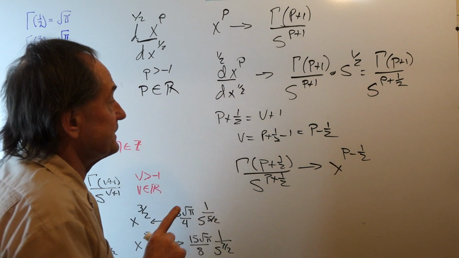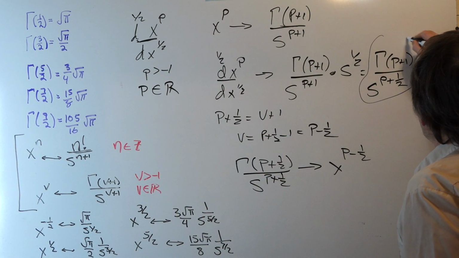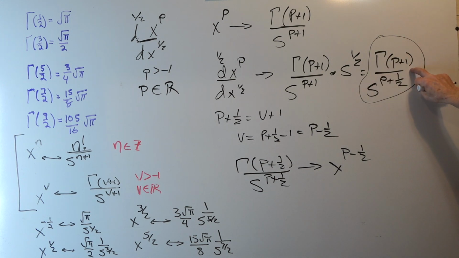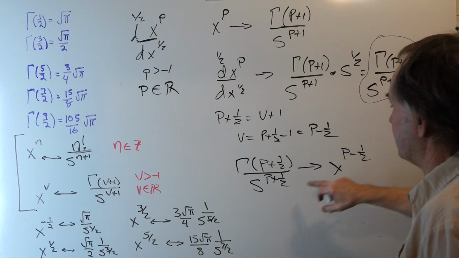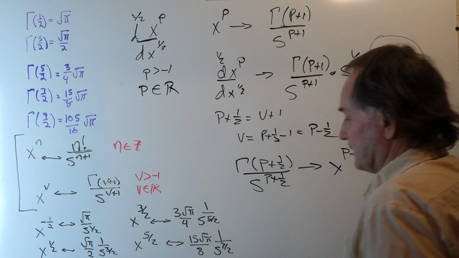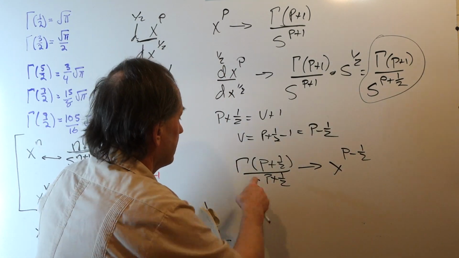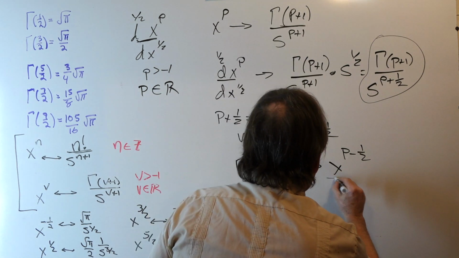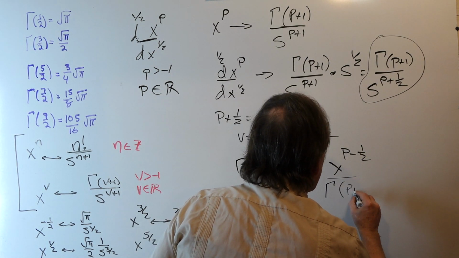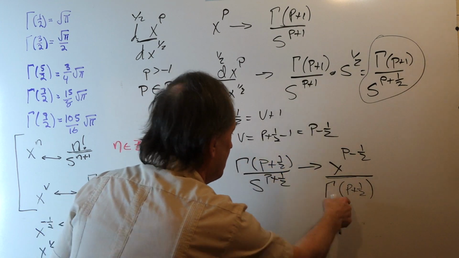Now, we're almost there. We see that we need to find what this function in the Laplace space transforms into in the x space. Well, we have 1 over s to the p plus 1/2, but the numerator isn't quite right. So what we have to do then is divide through each side here by gamma of p plus 1/2. I'm just moving that down.